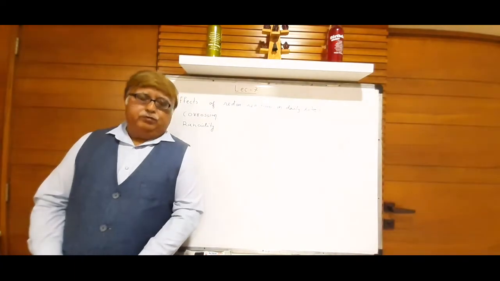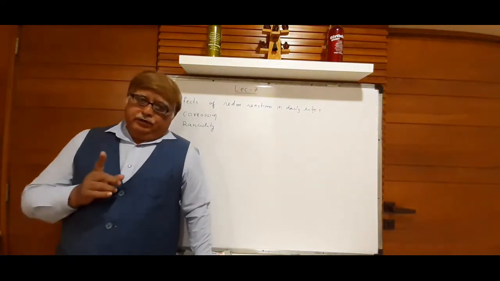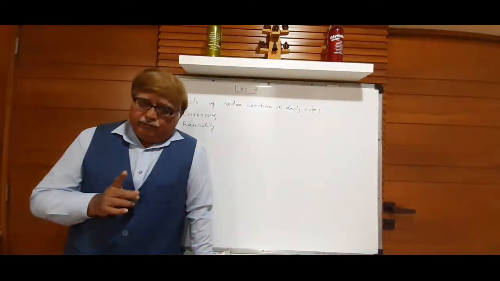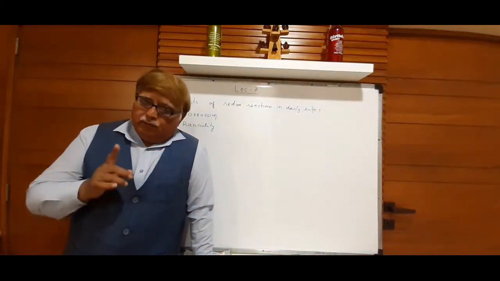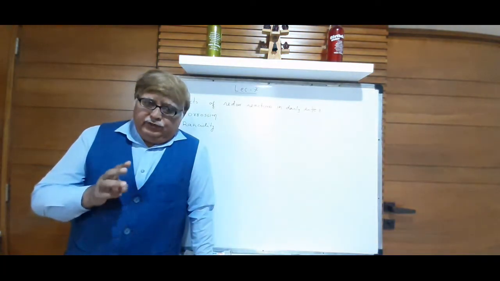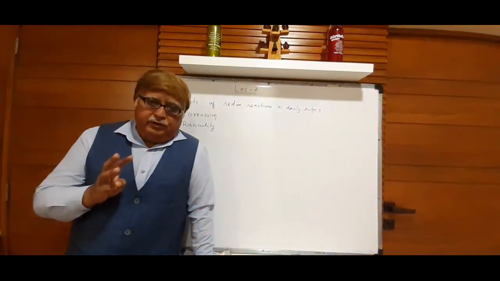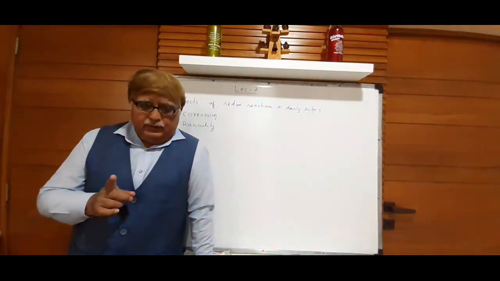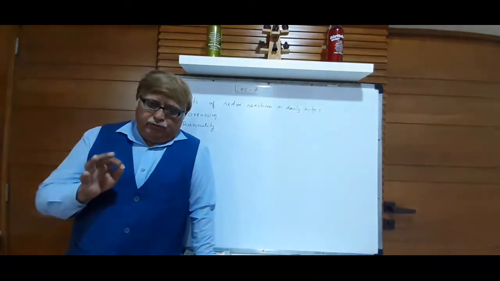Question number 4. Listen very carefully when I dictate the question. What do you have to do in question number 4? We discussed 3 chemical reactions as redox reactions. You noted them down in your book.